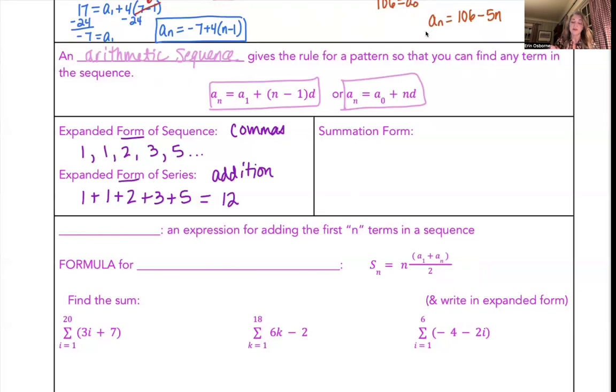The next new thing we're going to talk about is summation form, which means to use this big Greek letter, and it is sigma, which in the Greek alphabet is capital S, and it's going to have 3 parts to it. It's going to have a number to start with down here, and usually the variable that we use is an I, an N, or a K. Those are really common, and you can pick whichever one you like.